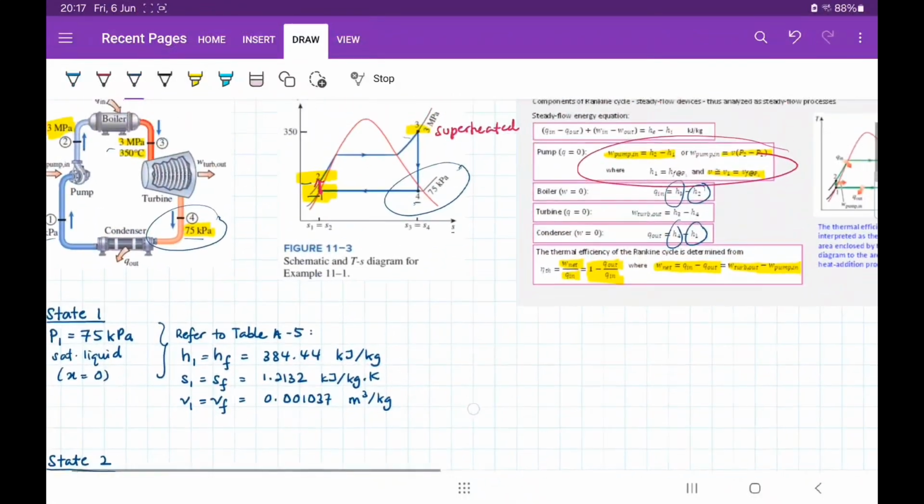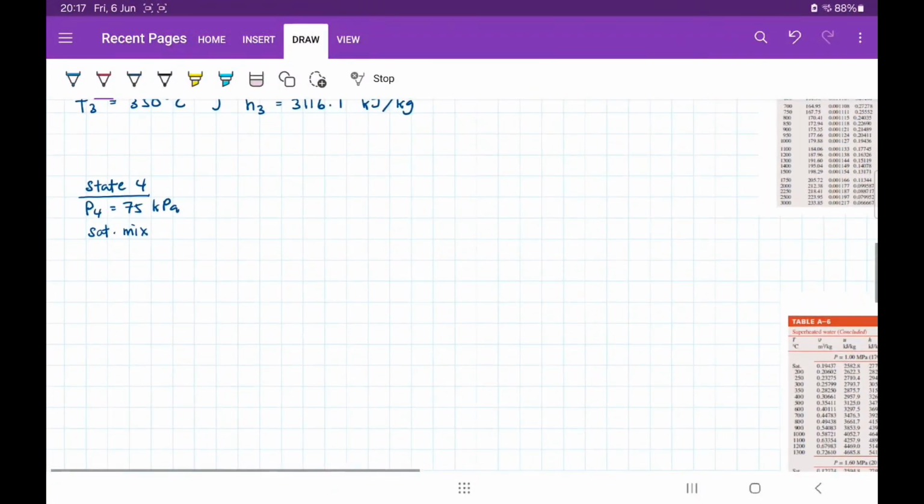Other information that we have is that going from point 3 to point 4, the process is isentropic expansion, isn't it? So when you have isentropic expansion, you know that the entropy at point 4 is equivalent to the entropy at point 3.